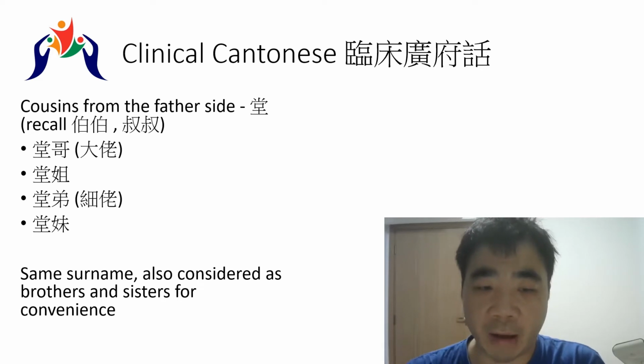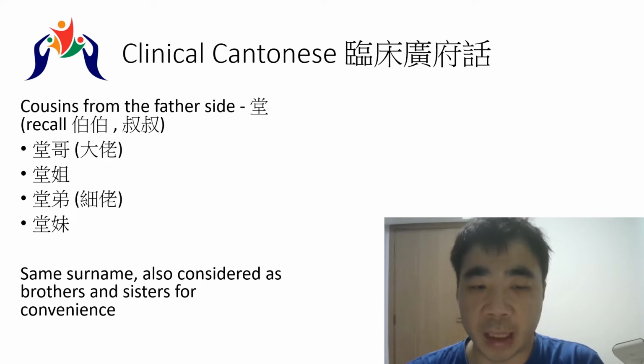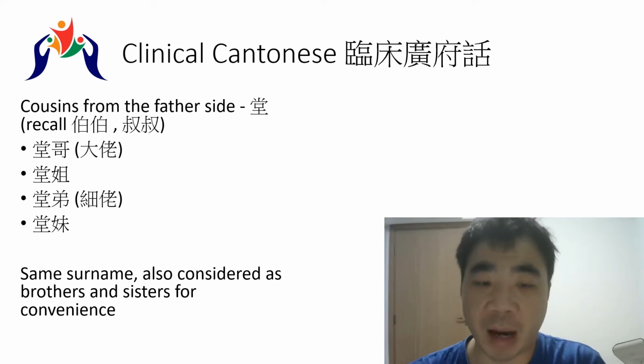We also have layman term to apply, for example, like 堂哥, we call it 堂大佬. 堂弟, we call it 堂細佬. Yeah, sometimes we also mix up with the layman usage as well. For this side, in Cantonese, I think it's just universal, not about Eastern or Western.